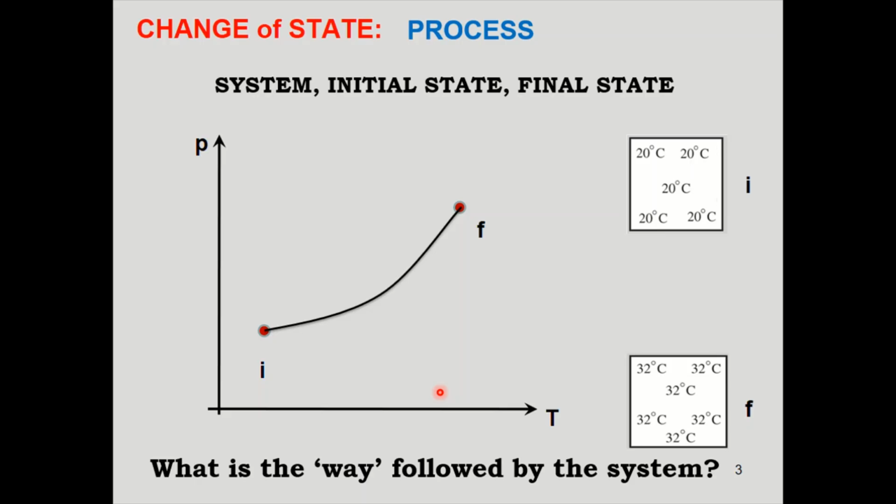Actually, we don't know about the intermediate points, because while the properties were changing, the condition was something like this. There was no unique value. So how can I say that at an intermediate point, say here, the temperature is say 29?